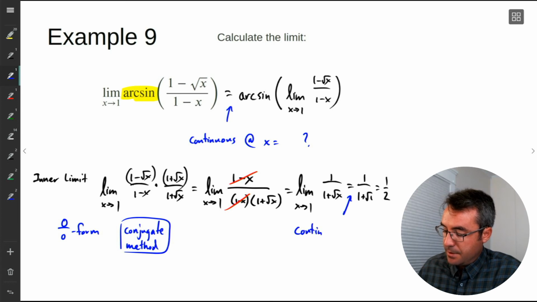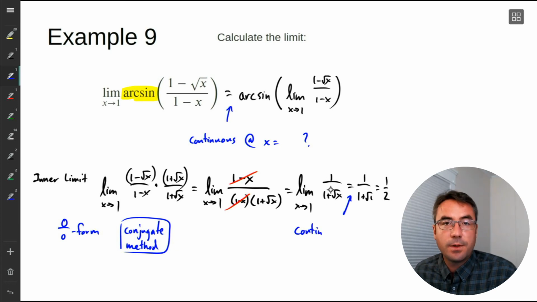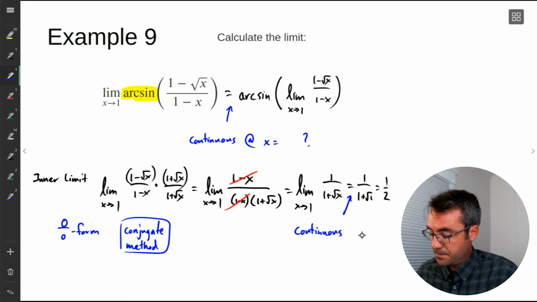Is, again, this new function, 1 over 1 plus square root x, continuous at x equals 1? So there's no division by 0. No negatives under the square root sign.